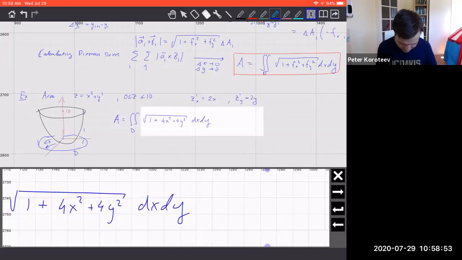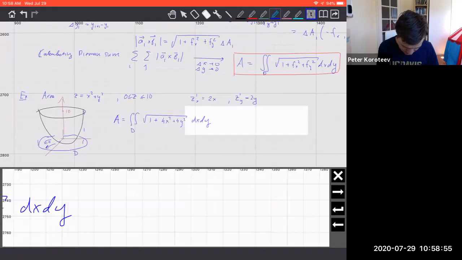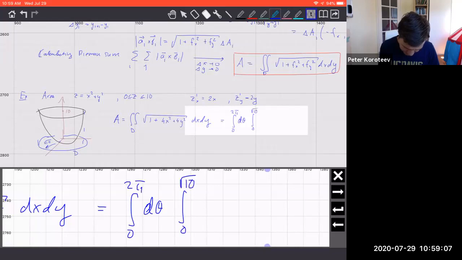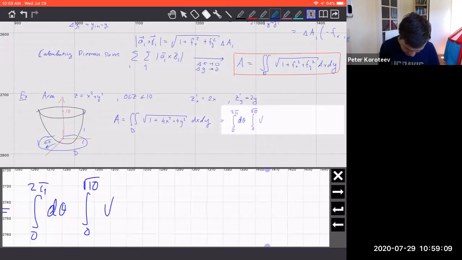dx dy. And of course, it's easy to switch to polar coordinates. So we'll do the integral from 0 to 2 pi d theta, then the integral from 0 to square root of 10 of the square root of 1 plus 4r squared, times r dr. Remember that extra r we need to put.